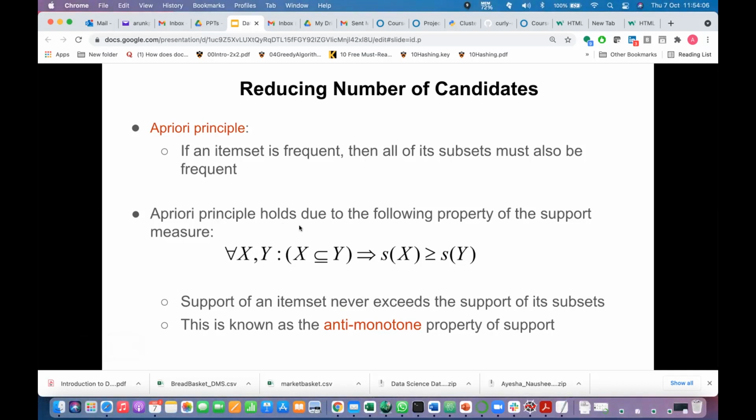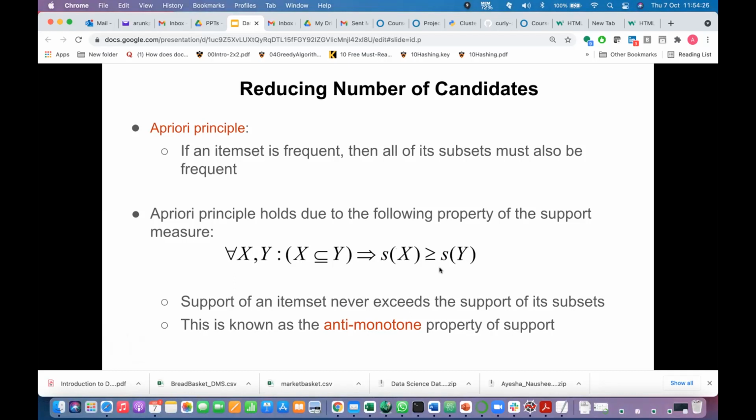The Apriori principle holds due to the following property of the support measure: for X subset of Y implies support of X is greater than or equal to support of Y. Means subsets will have more support than the supersets. That is the principle.